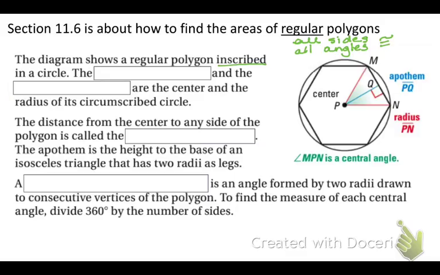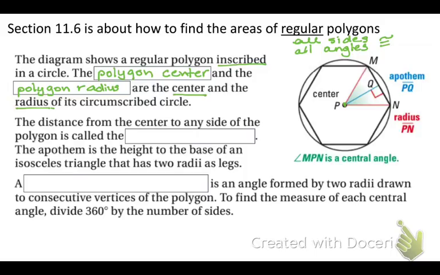Okay, so the center of the polygon, which is this P right here, and the radius of the polygon are the center and the radius of the circle. So here we're bringing in the circle.